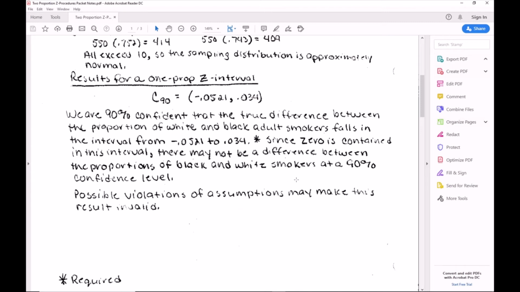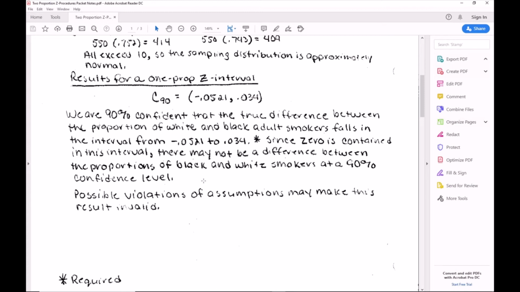Now, the reason that I concluded this with "at a 90% confidence level" is because your interval, whether it be this problem or a different one, might have 0 in the interval, but really close to the edge. So close that, in fact, if you change the confidence level, 0 can fall out.